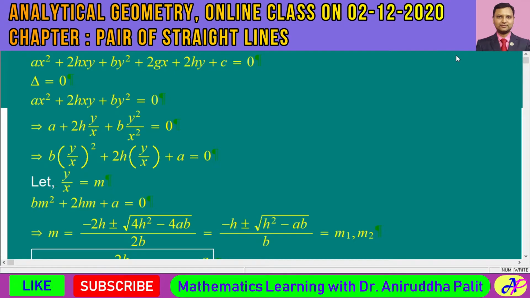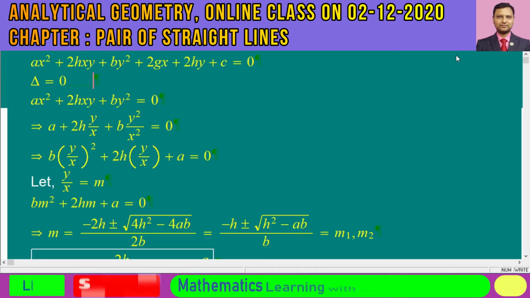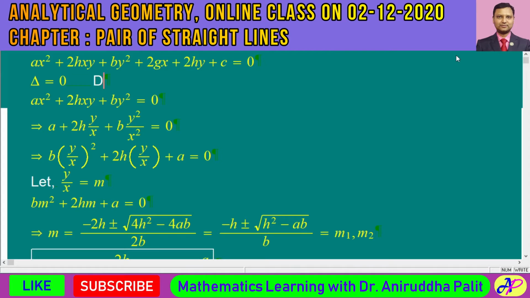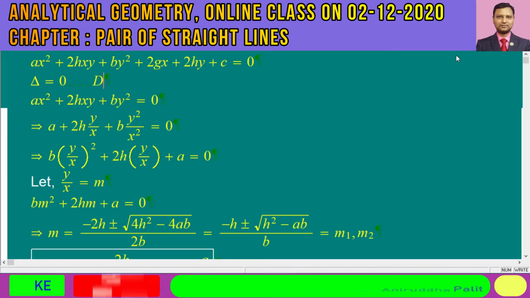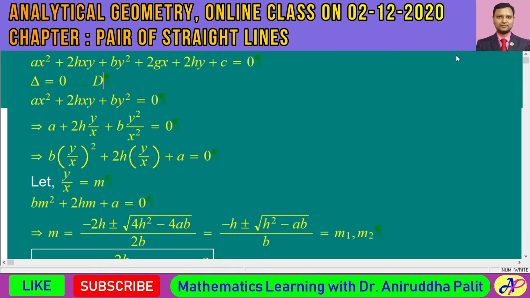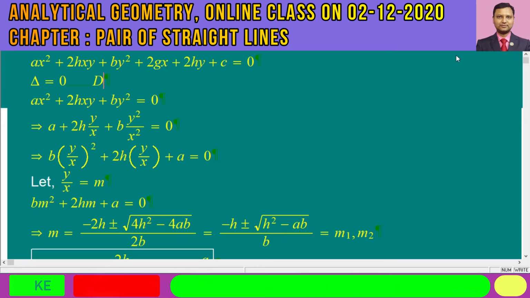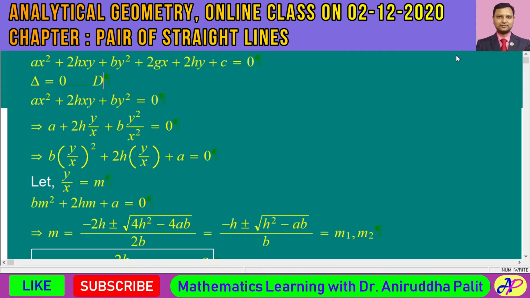Depending upon different cases, d may be greater than, equal to, or not equal to 0, and we sometimes get parallel straight lines, and sometimes intersecting straight lines. So d is equal to ab minus h square.